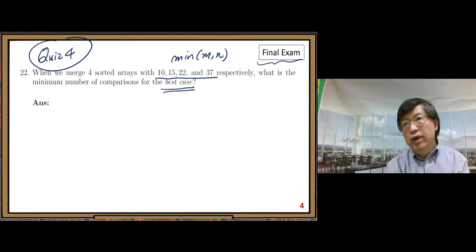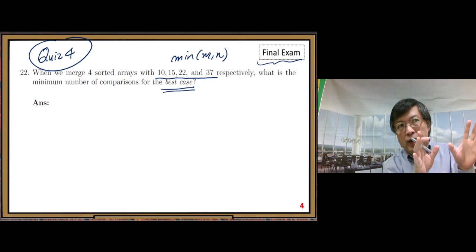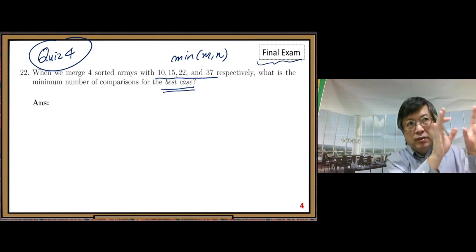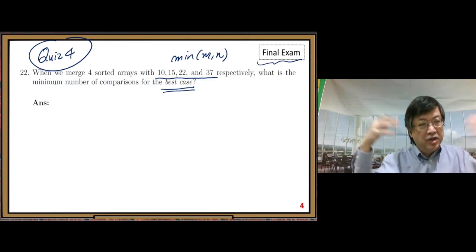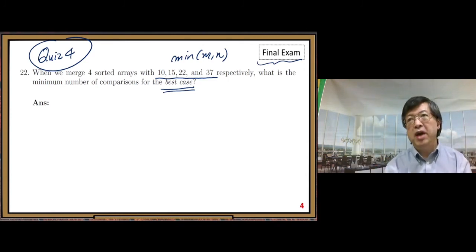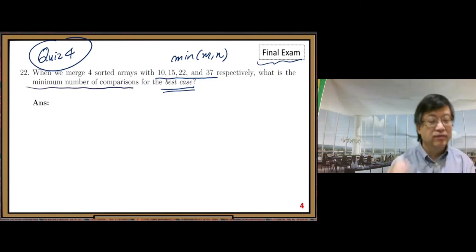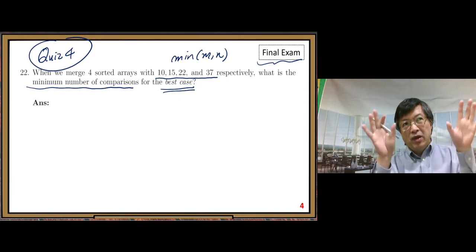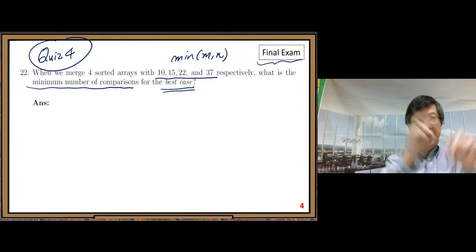Too much work. So we only want to try some good cases, some cases that can give us the best chance to get a minimum number of comparisons. Here we try 2 cases.